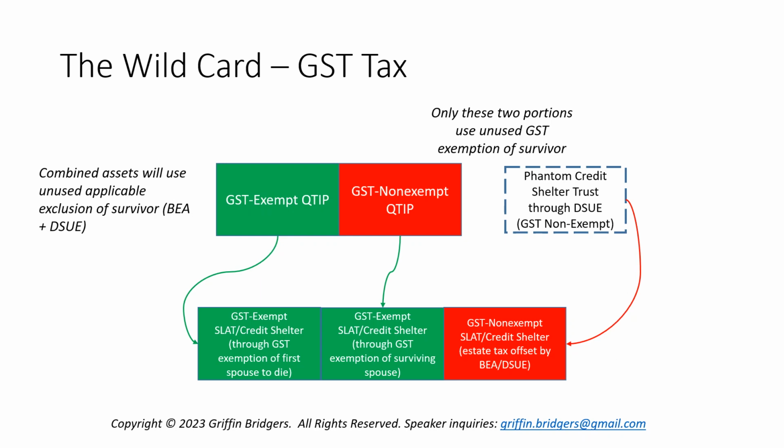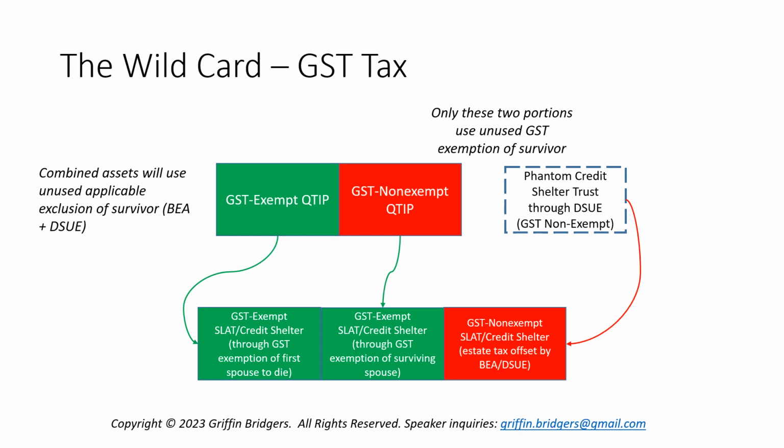And then ultimately, the phantom credit shelter trust wouldn't be GST non-exempt. It would be funded through the DSUE, but it could pour over into a GST non-exempt SLAT or credit shelter trust, which could be offset by the basic exclusion amount or the deceased spousal unused exclusion or some combination thereof for estate or gift tax purposes.